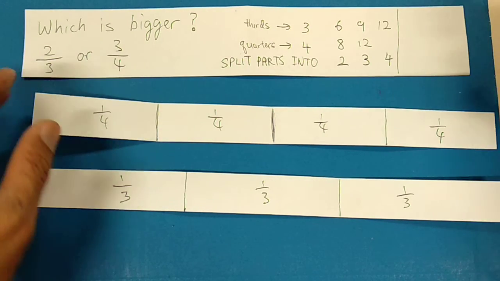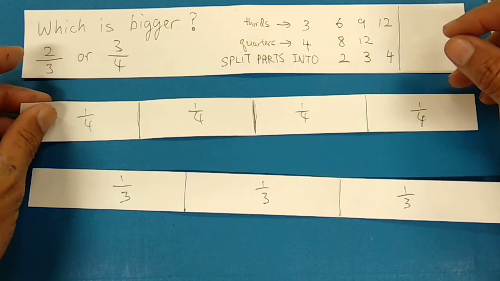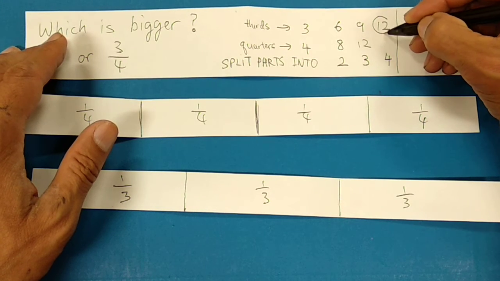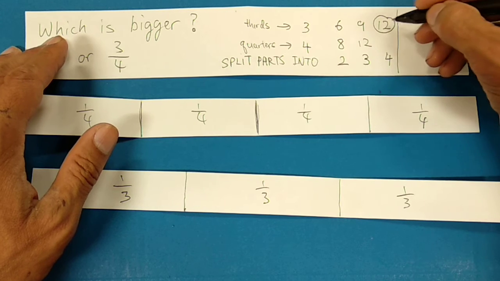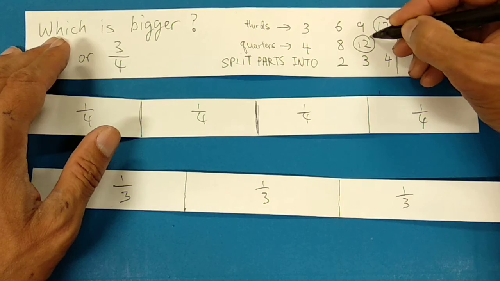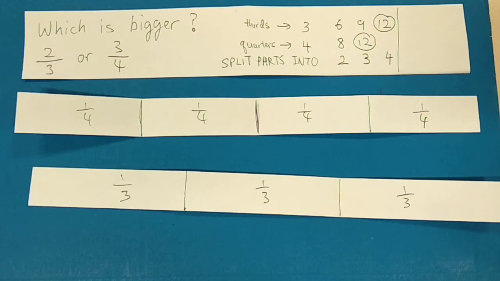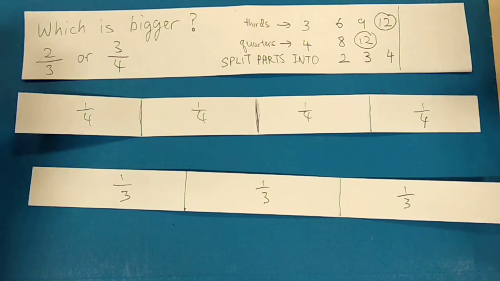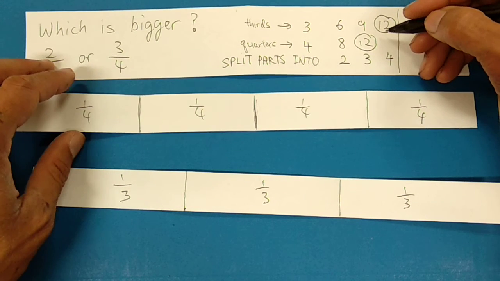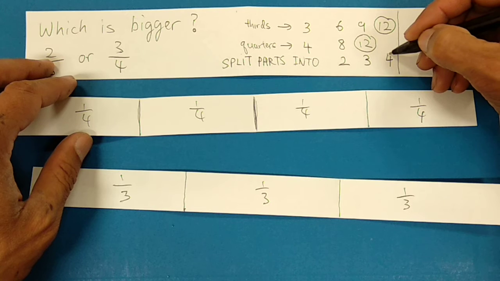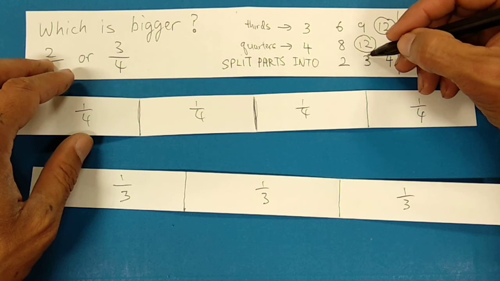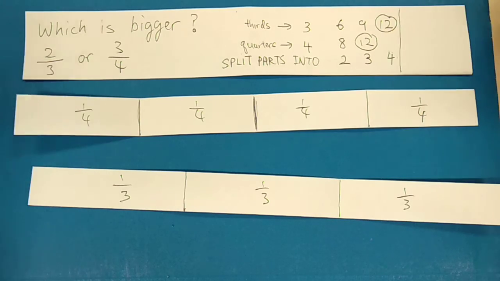Now, you notice straight away that I have a situation of a possible combination where I can form 12 parts from the thirds and 12 parts from the quarters. So I could break each of the thirds into quarters, and I could break each of the quarters into three parts.